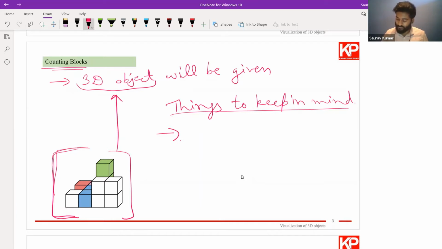If you see this arrangement, this is one view of the total arrangement. You can get another view from this side, or some view from this side, but only one view would be given in the question. So you should be careful about the cubes which are not visible. We see this is a green block. A smaller green block is also visible at the base of it, and then we would be having one more green block at the base of it. That green block is not visible to you, but you need to assume that it exists there.